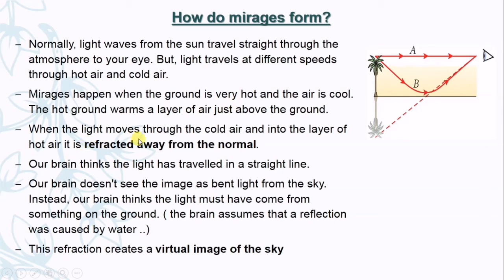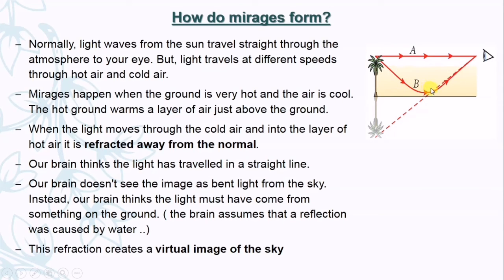When the light moves through the cold air and then into the layer of hot air, it's refracted away from the normal. Our brain thinks that the light has traveled in a straight line. Our brain doesn't see the image as light from the sky. So the real image is here, because this is the actual source of the light coming from here.